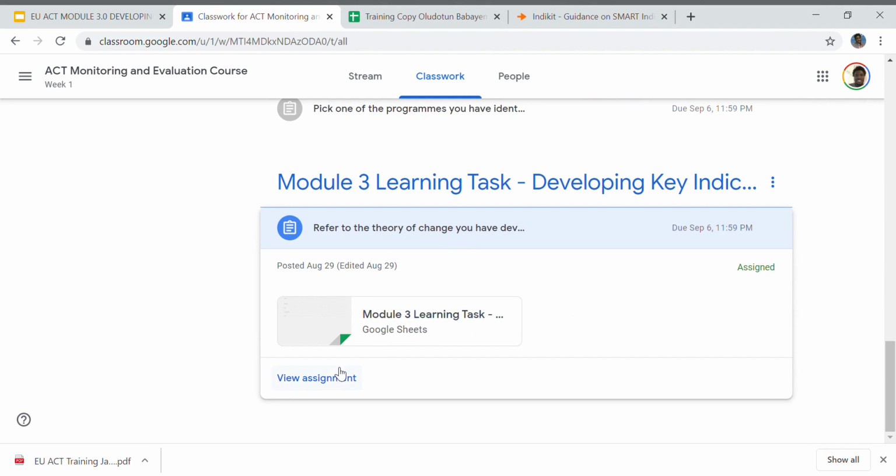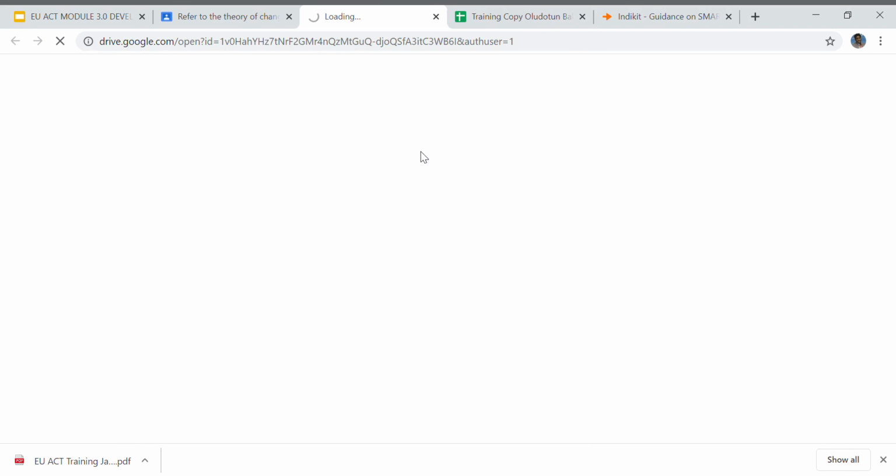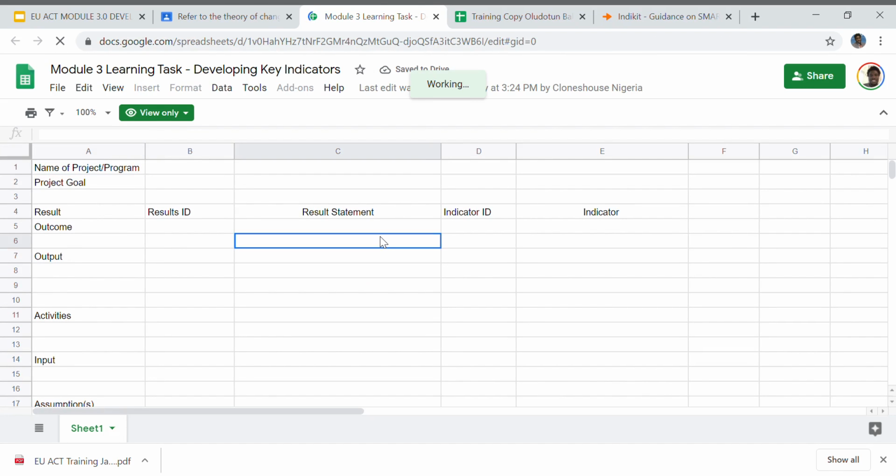Let's view the assignment for module 3. Then you click here and work on this template. So this is the template you will see.